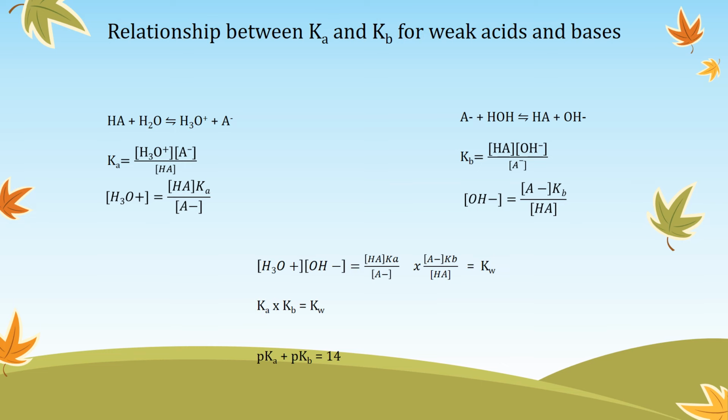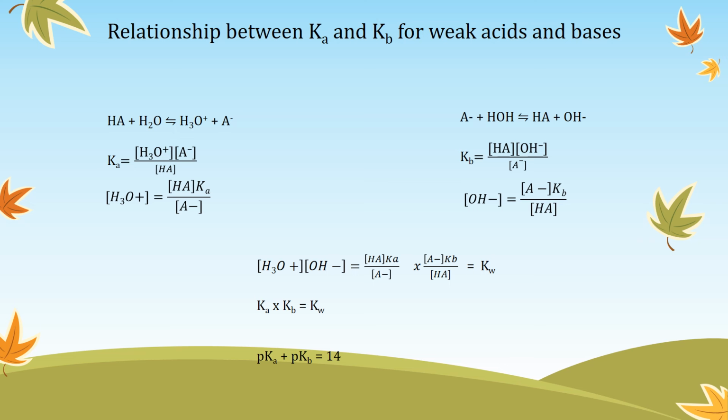Like you saw in the last slide, the specific constant of water is a multiplication of a proton and hydroxyl ion. In most cases the hydronium ion is also taken as a proton, or H plus. So the concentration of H plus ion into the concentration of hydroxyl ion is the specific constant of water, Kw.